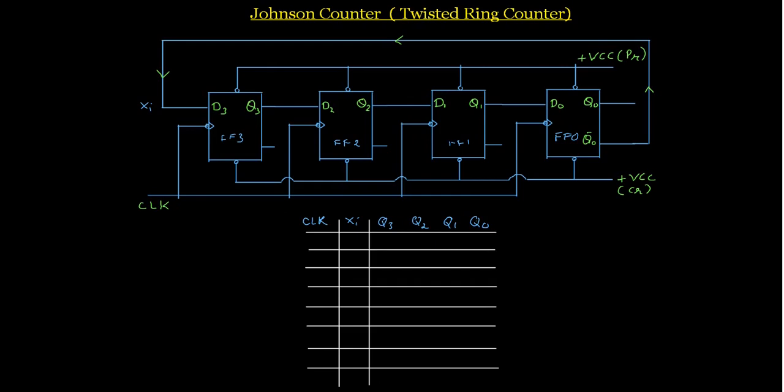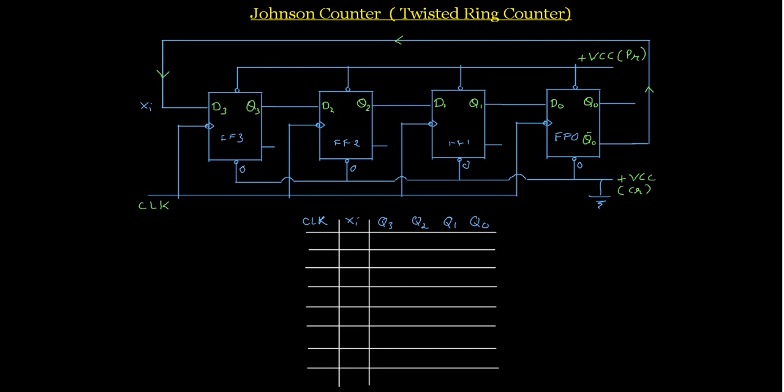Now if we see the operation, initially we have to reset the register, and for resetting the register, the clear input has to be connected to the ground. When this is connected to ground, then at this input we have 0, 0, 0, and all the flip-flops are going to be reset.